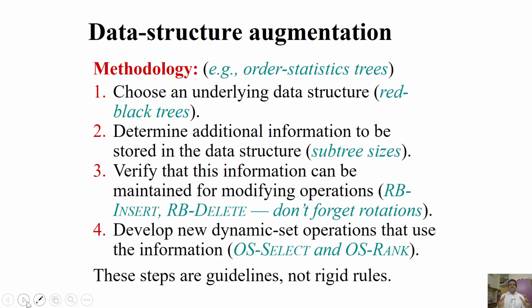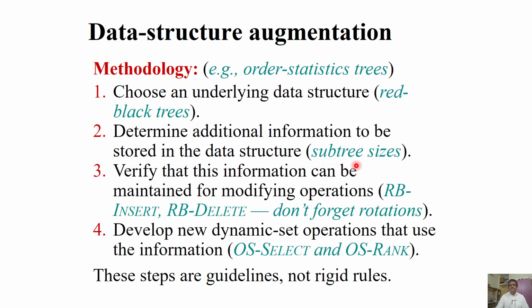Now this is the methodology of data structure augmentation. The basic idea is to choose an underlying data structure. In this case we have taken the red black tree for our order statistics problem, and then we determine what additional information we should keep that will help for our problem.